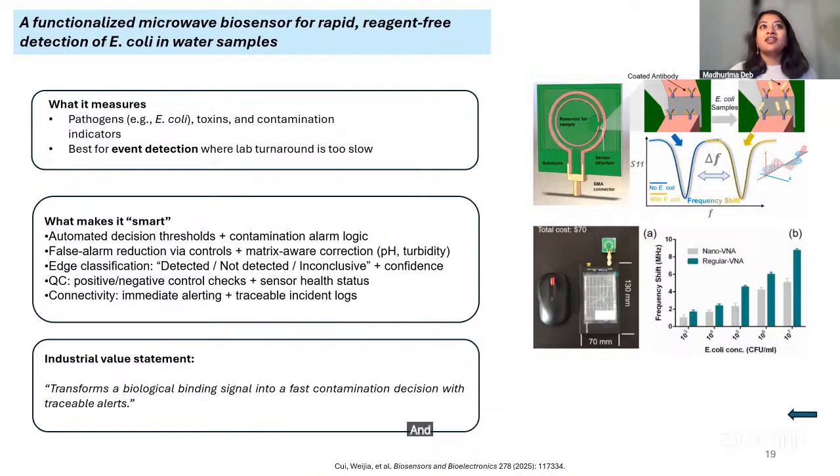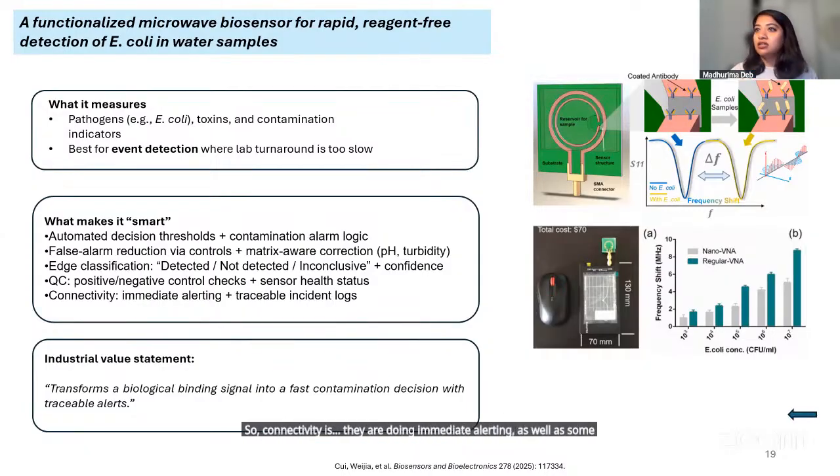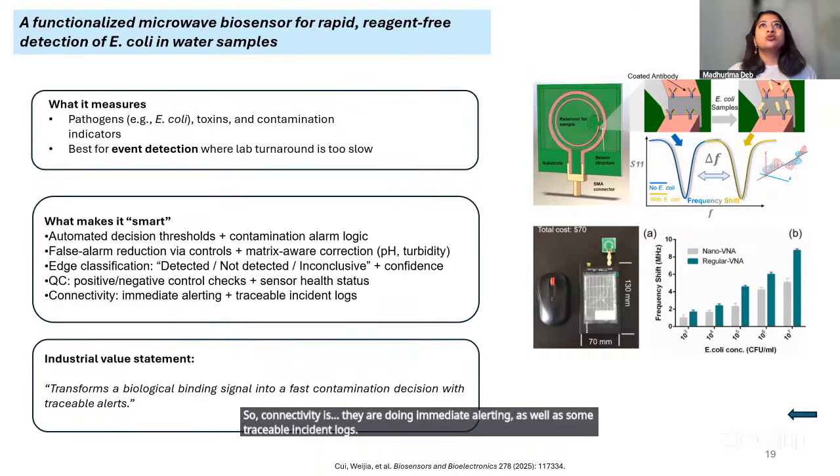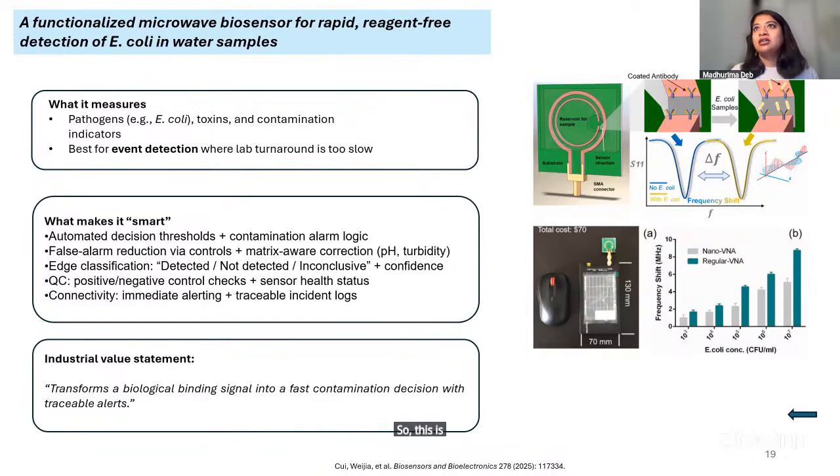Positive and negative control checks are also provided. For connectivity, they are doing immediate alerting as well as traceable incident logs. This is actually a very nice way of seeing a frequency shift; it is a microwave transducer that they are using.